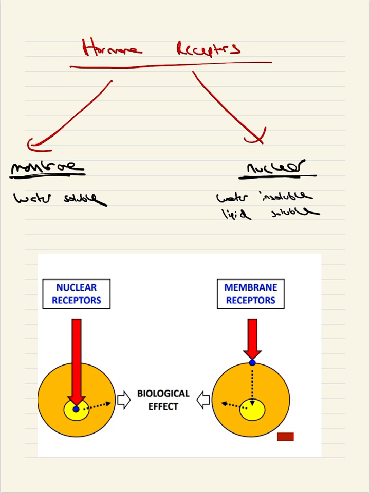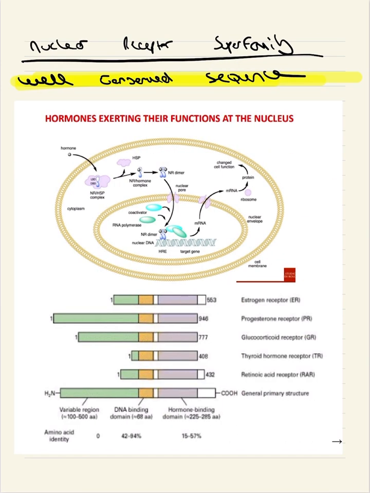Whereas if you're a fat, you can transverse through the membrane because the membrane is lipid, right? So you can get through the membrane and enter the nucleus, and then you will get bound to your nuclear receptor. So it's very, very easy, right? If you're water insoluble and lipid soluble, you go to your nuclear receptor. Whereas if you're water soluble, protein, peptide, you go to your membrane receptor.